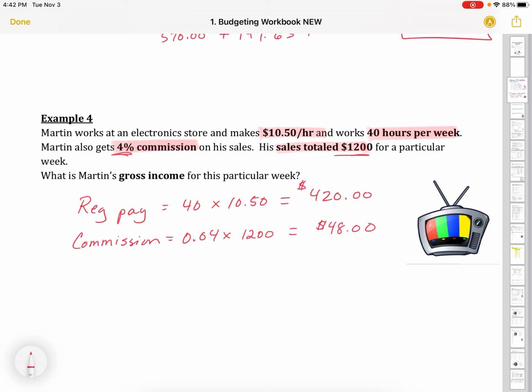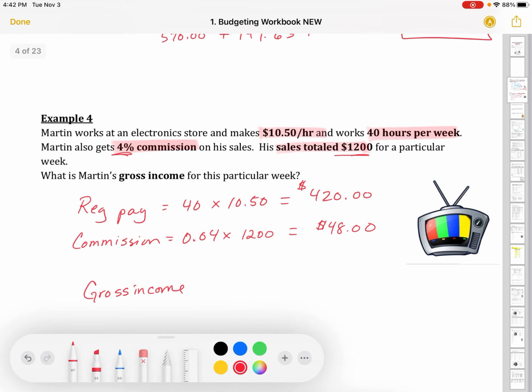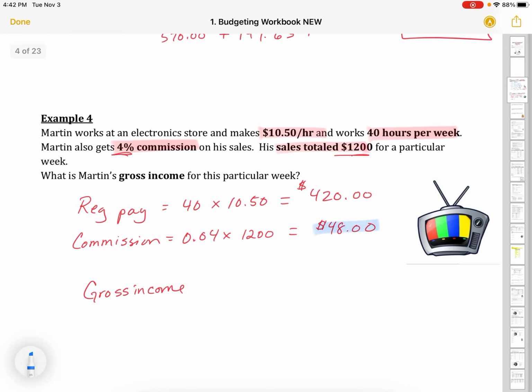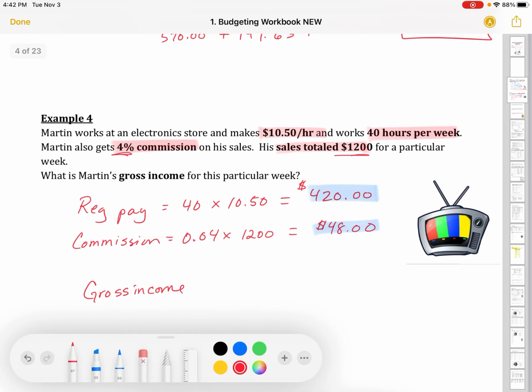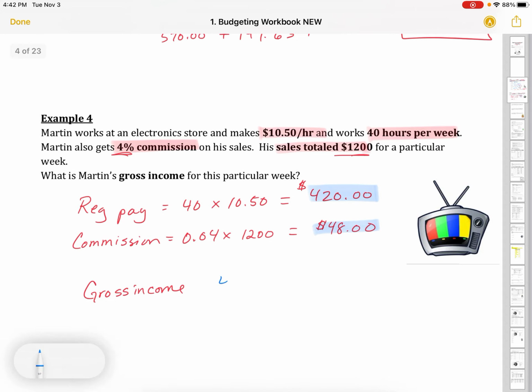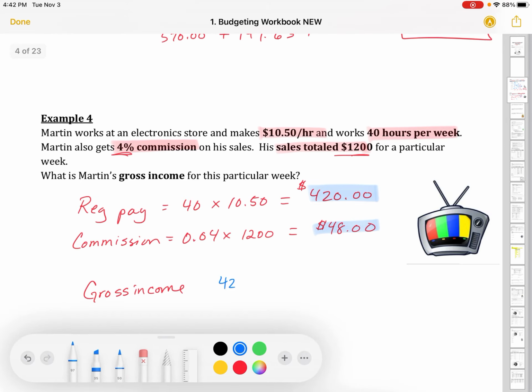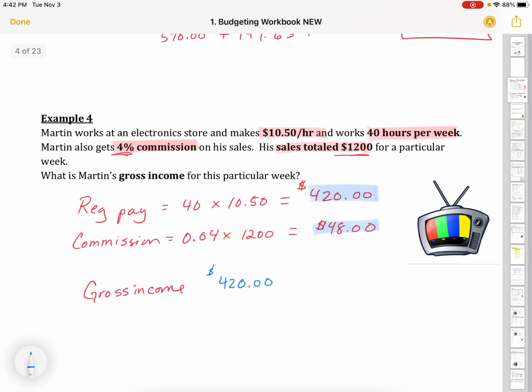Put my dollar sign there. And his gross income, well, we add up those two amounts. So it's going to be 420, oops, I missed a 0, plus 48 equals $468.